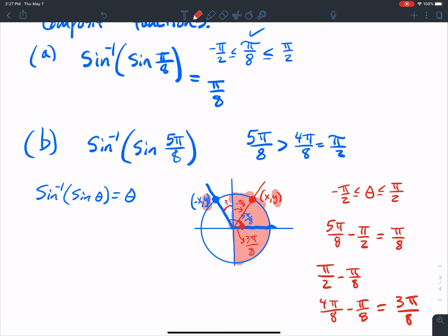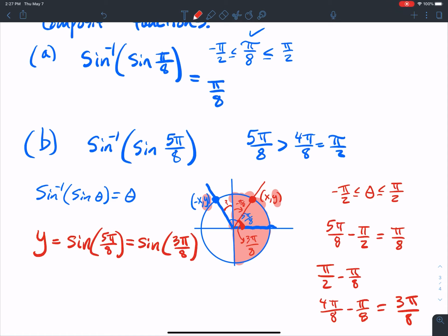So what have I just determined here? The y value is the same for the sine of 5 pi over 8 as it is for the sine of 3 pi over 8. Why is this good for us?